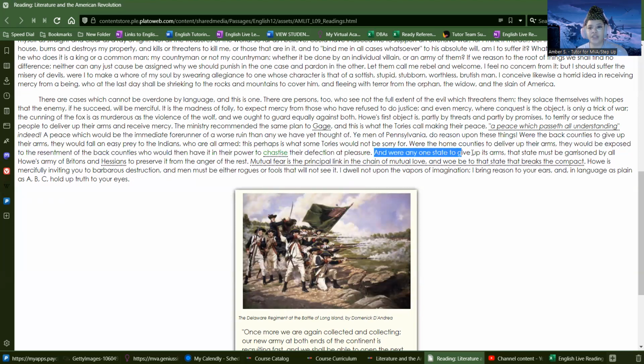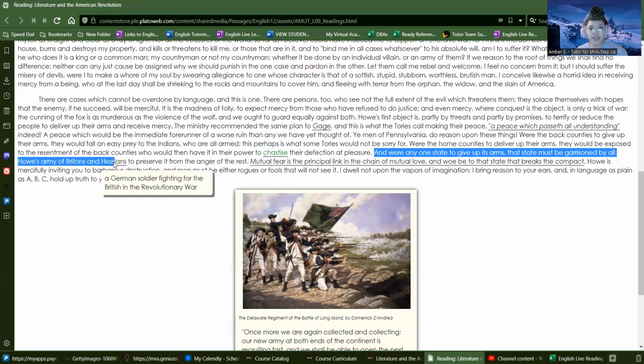And were one state to give up its arms, that state must be garrisoned by all Howe's army of Britons and Hessians. So these are German soldiers that are fighting for the British, to preserve it from the anger of the rest. So he's pointing out even more strategy related things.